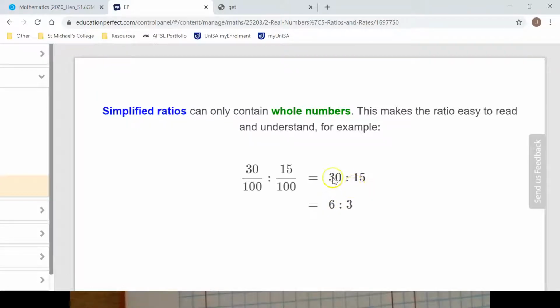Now, the other thing is, when we're writing a ratio in its simplest form, you can't leave it as a fraction. It always needs to be written as a whole number. So here they started off with 30 over 100 to 15 over 100. To get rid of those hundreds at the bottom, what did they do to both sides of the ratio? How did they go from here to here?